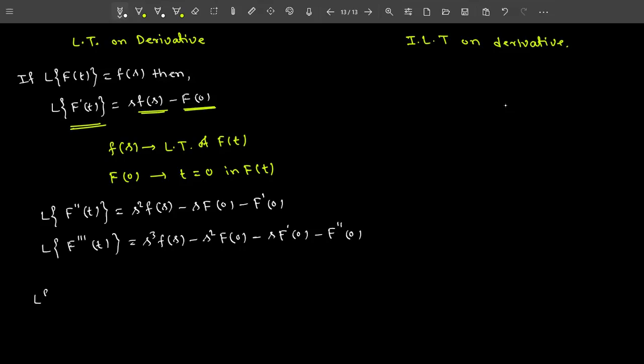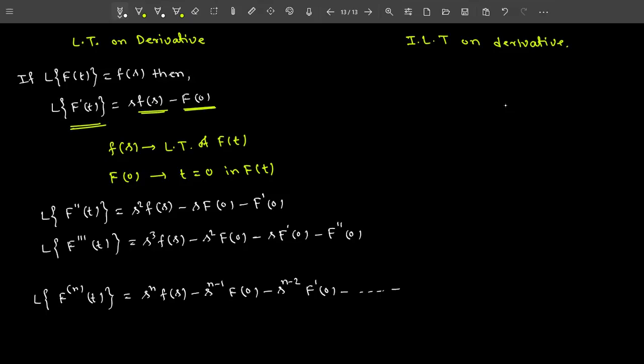Laplace of f^n(t), where f^n(t) means the nth derivative, equals s to the power n F(s) minus s to the power n minus 1 f(0) minus s to the power n minus 2 f'(0) minus dot dot dot.